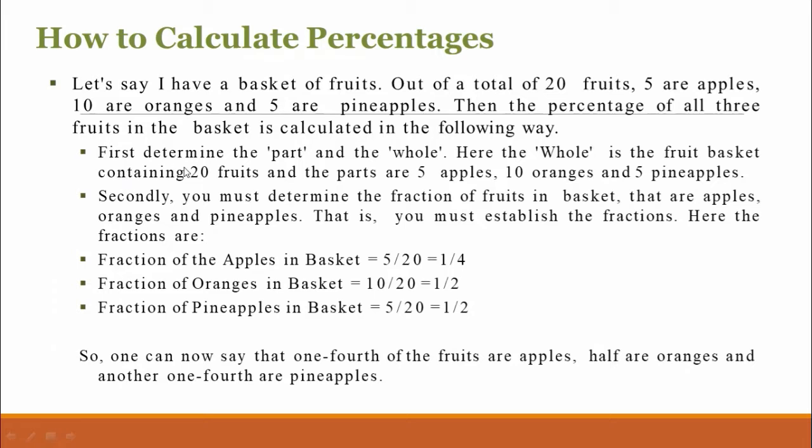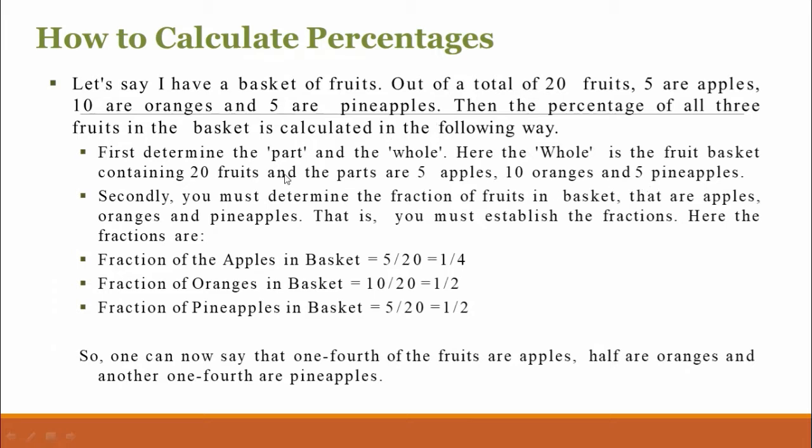First, determine the part and then the whole. Here the whole is the fruit basket containing 20 fruits, and the part for each fruit, for example, the part of apple is 5, the part of orange is 10, and the part of pineapple is 5.